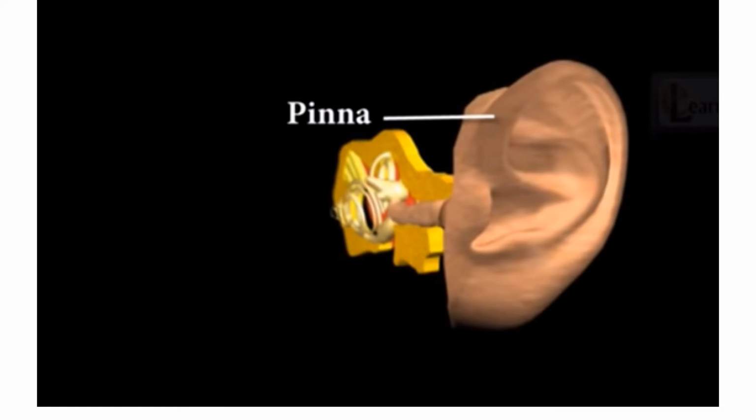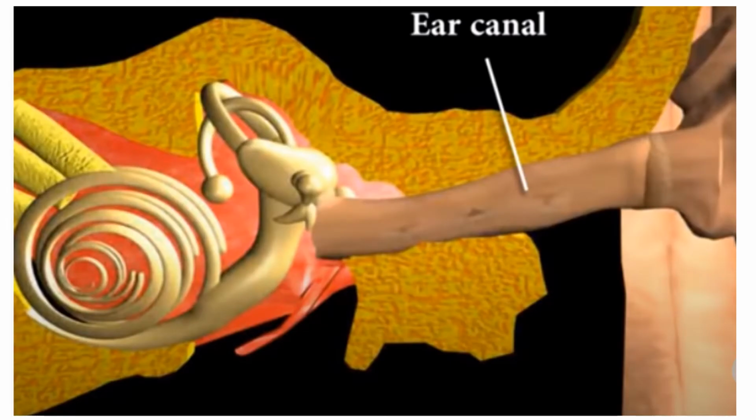This is another picture which is showing the left ear. Here is the pinna, and here is the external auditory canal. This is another picture in which we have removed the pinna and we are looking inside.